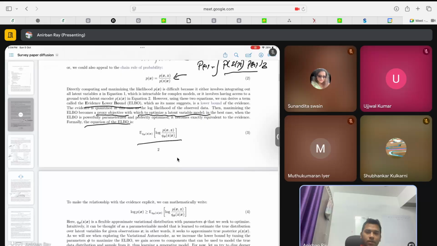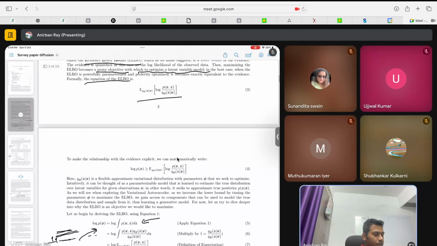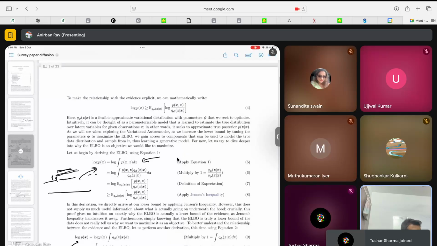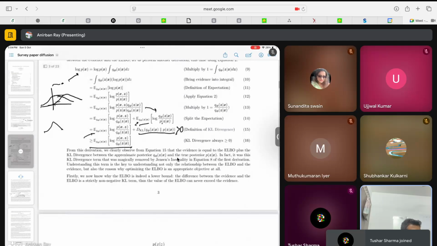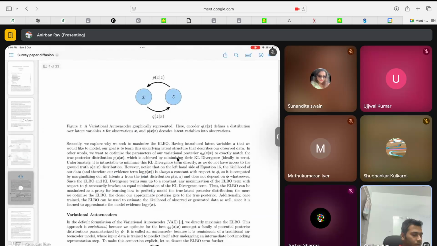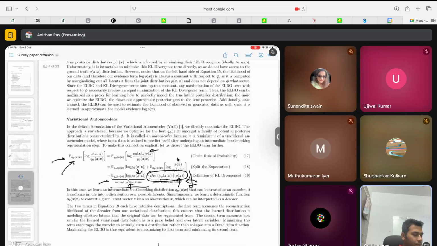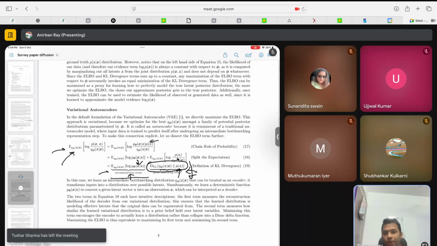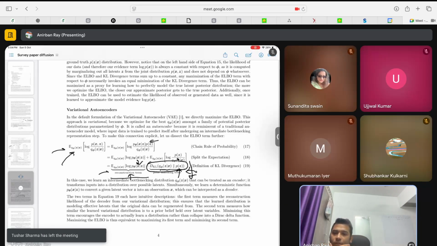So this is the expectation over log p(x,z) and q_phi(z|x). This is the lower bound. You can maximize the lower bound and get the same result. The derivation is shown here. Now this ELBO can also be written in two terms: one is the reconstruction term and another is the prior matching term, which is also a type of regularizer.